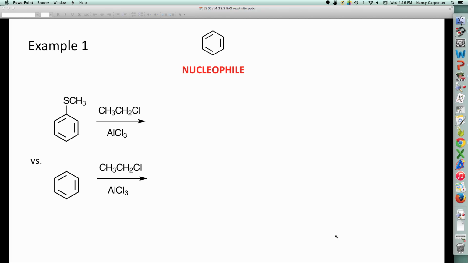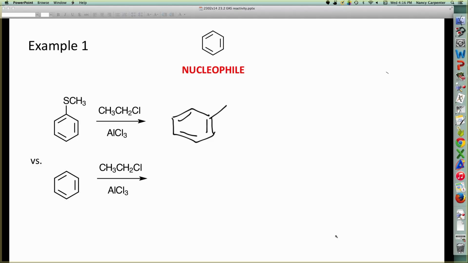So if we look, for example, at this aromatic thioether and compare that to benzene with respect to this Friedel-Crafts reaction, both of them are going to give me the alkylated product.